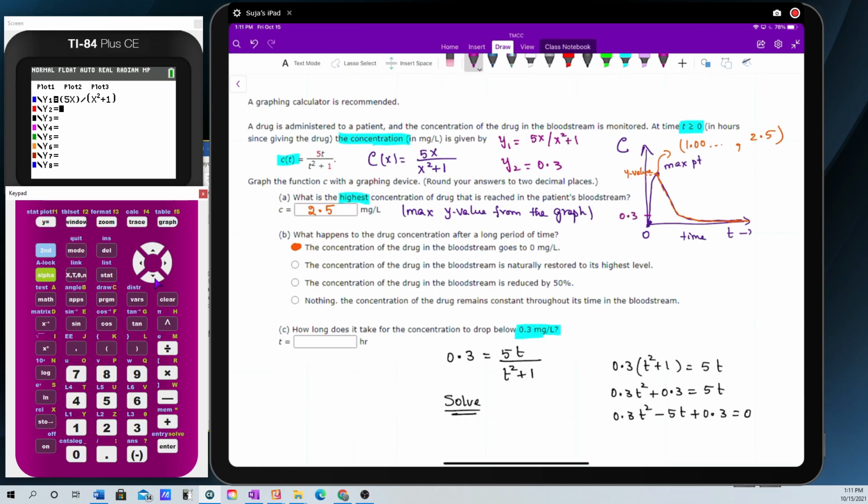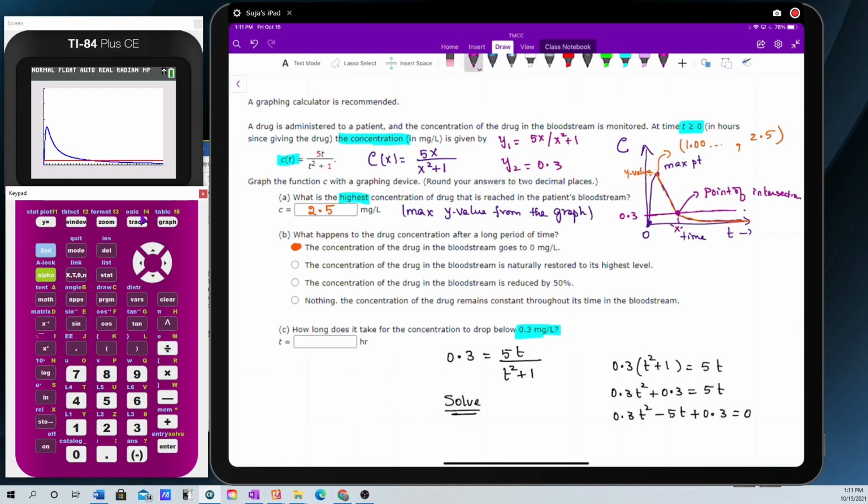What I'm looking for is this point of intersection, and I'm looking at what the x value is of the point of intersection. So let me enter y equals 0.3, and then I hit graph. Yes, my graph is intersecting.